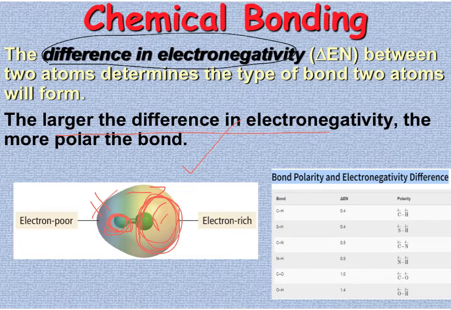And because of that, you end up with some separation of charge. You would put what we call a partial negative charge over the more electronegative atom and a partial positive charge over the less electronegative atom. So this would be a perfect example of a polar covalent bond.